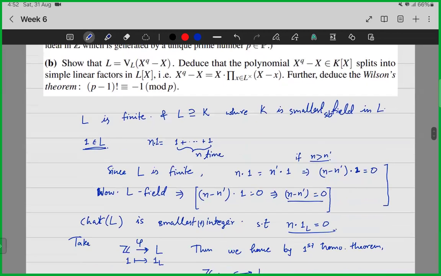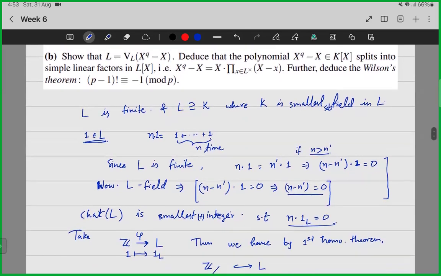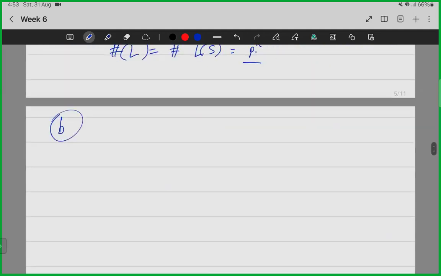So that L is the zero set of x cube minus x, that is, the polynomial x cube minus x splits into linear factors. Okay, how will you do it?